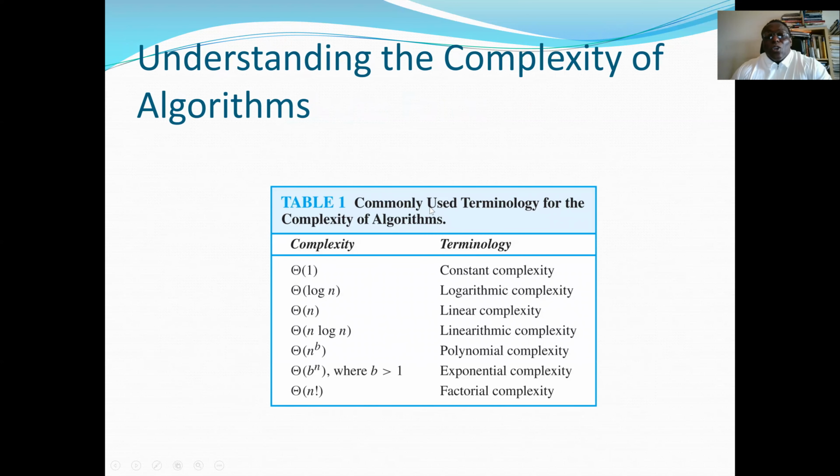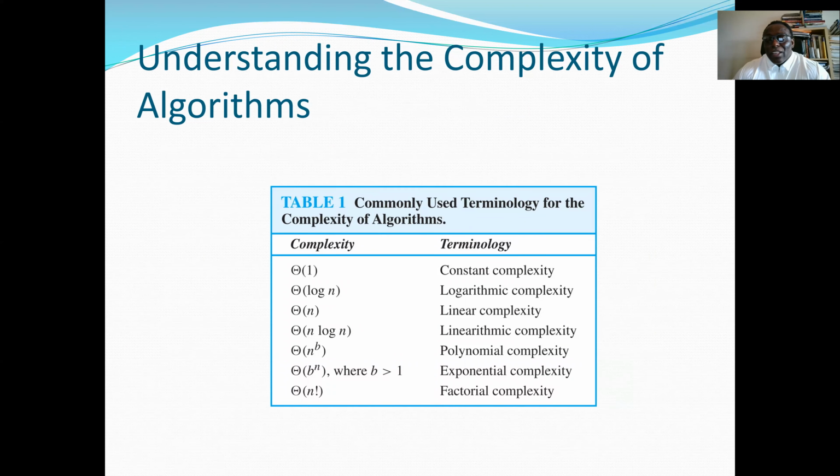And understanding the complexity of algorithms, again, these use the big theta. So big theta of 1 is a constant value, so this is called constant complexity. Big theta of log n will be logarithmic complexity. Big theta of n will be linear complexity.